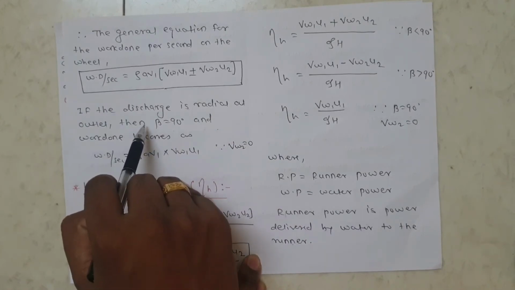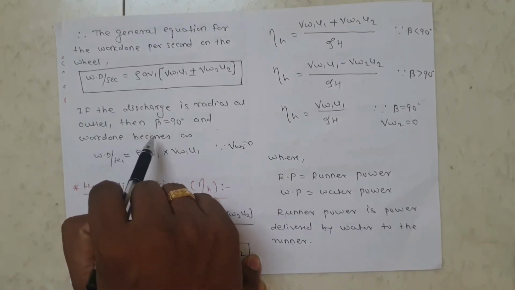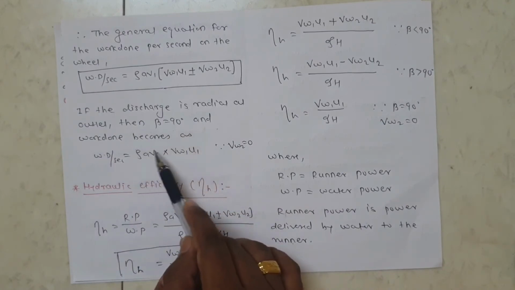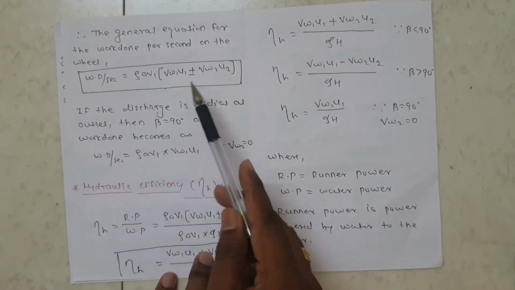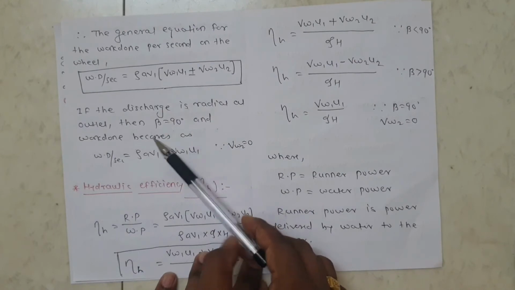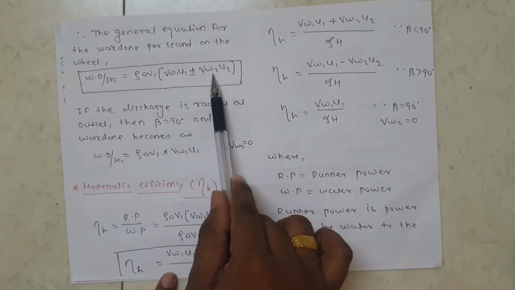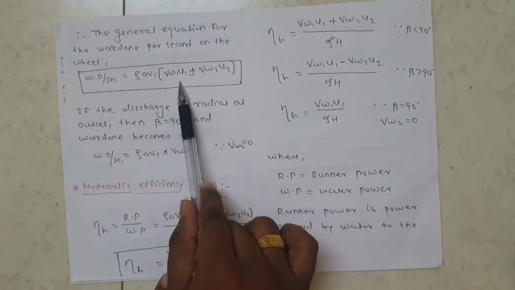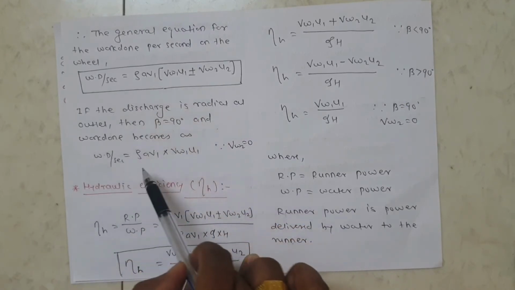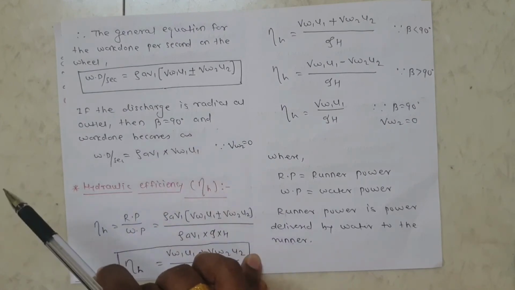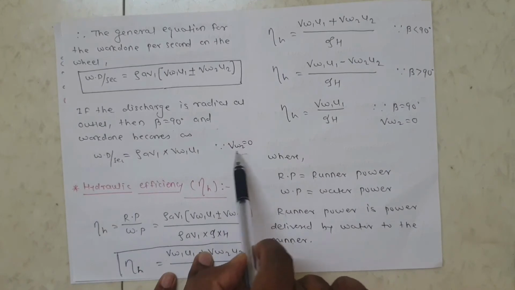If the discharge is radial at outlet, then beta is equal to 90 degrees, and work done becomes rho a v1 into vw1 u1, because when beta is equal to 90 degrees, vw2 is equal to 0. So work done is equal to rho a v1 vw1 u1.